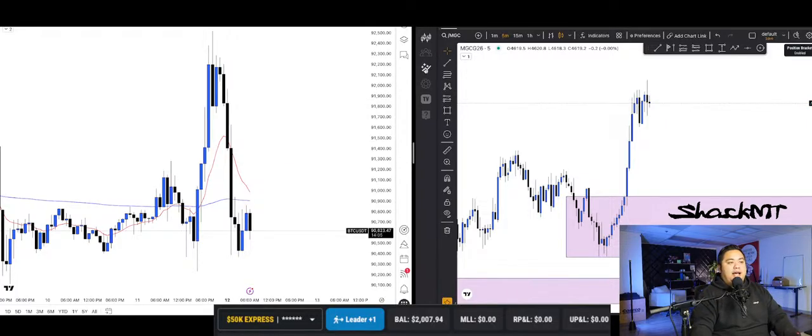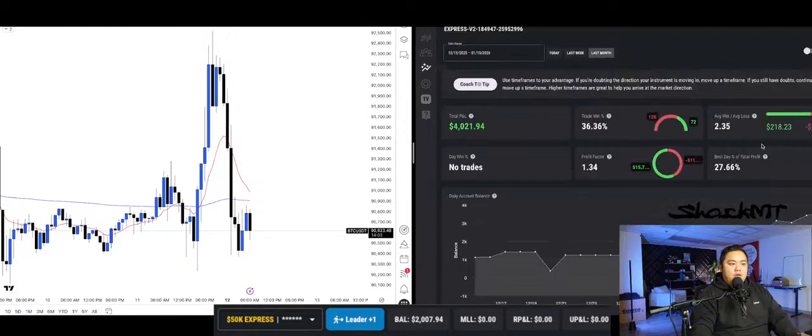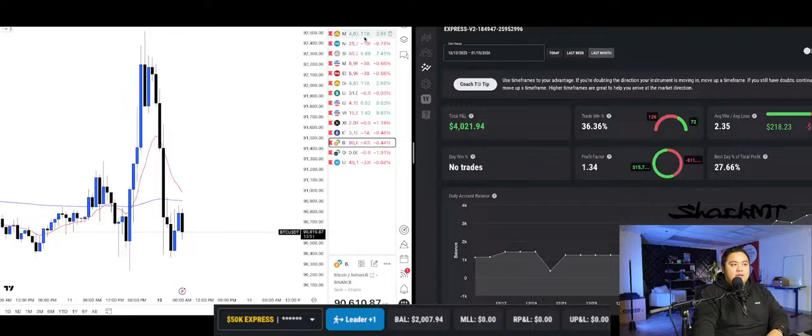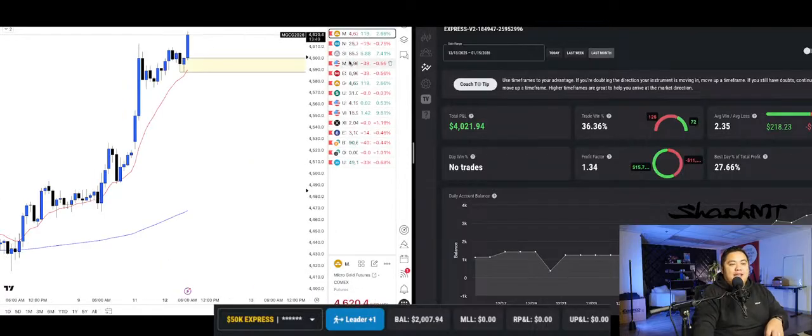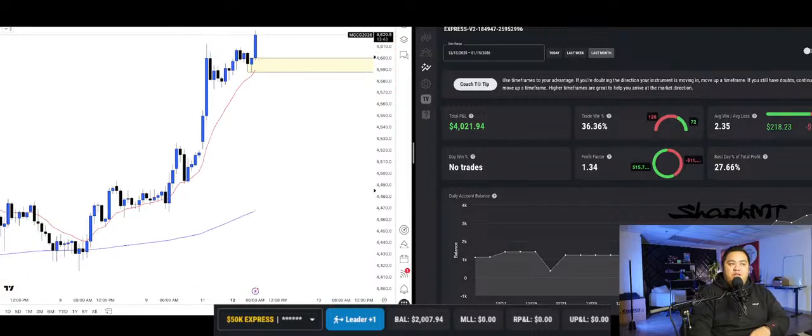Just to show you last week's performance of the account. So in total, the Express accounts were a 36.36% win rate. Guys, I only had a 36% win rate. That should show you that risk management should be number one.